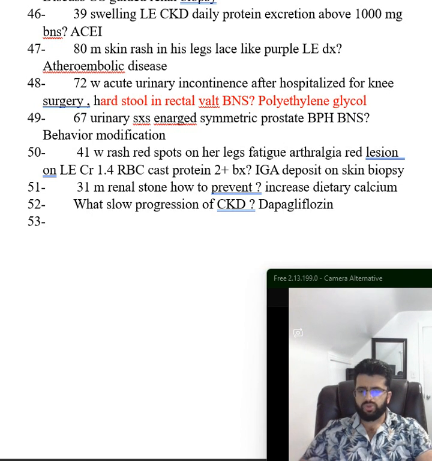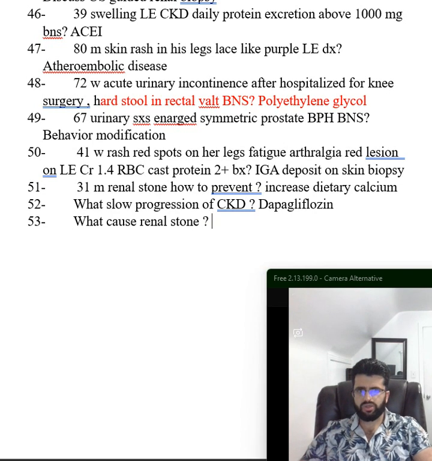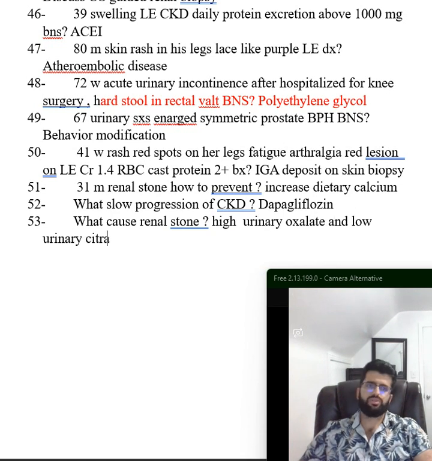Okay, so now another question: what causes renal stone? Okay, and they give you a bunch of high citrate, low citrate, high calcium. So this one, high urinary oxalate and low urinary citrate.